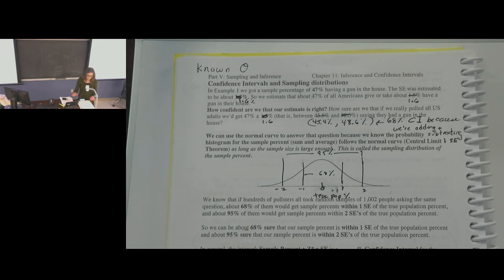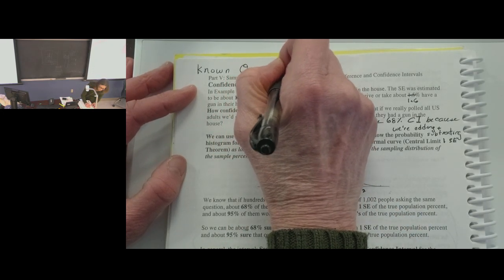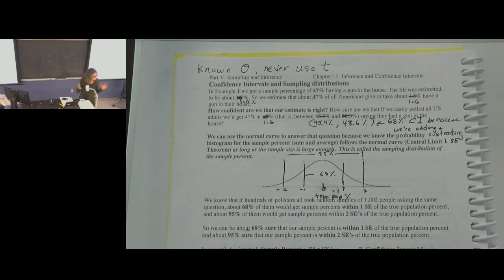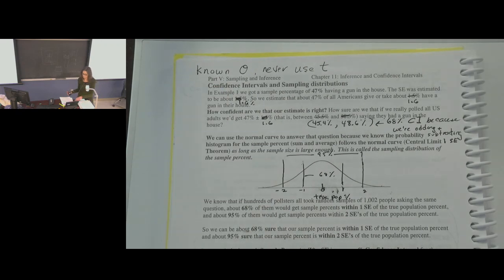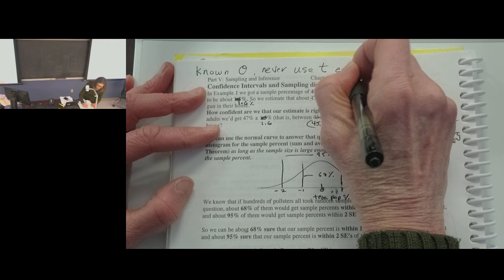So with a known sigma, this is more important to remember, you'll never use T. We're about to start the T distribution and it's kind of confusing to people. So if you know what sigma is, the population SD in the box, you never use T.